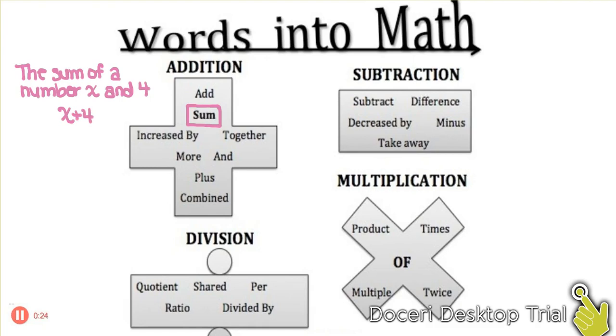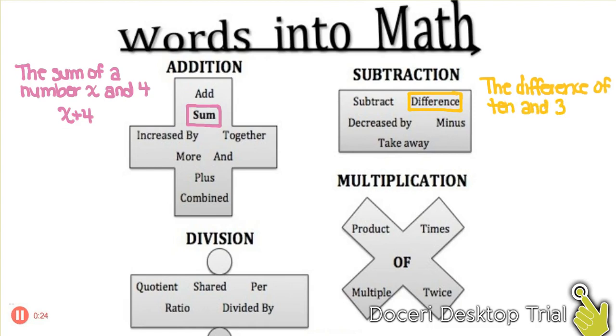For subtraction, we have subtract, difference, decrease by, minus, and take away. Difference is used the same way as sum. So whenever you want to use the word difference, you are going to say the difference of, and then maybe we have 10 and 3.